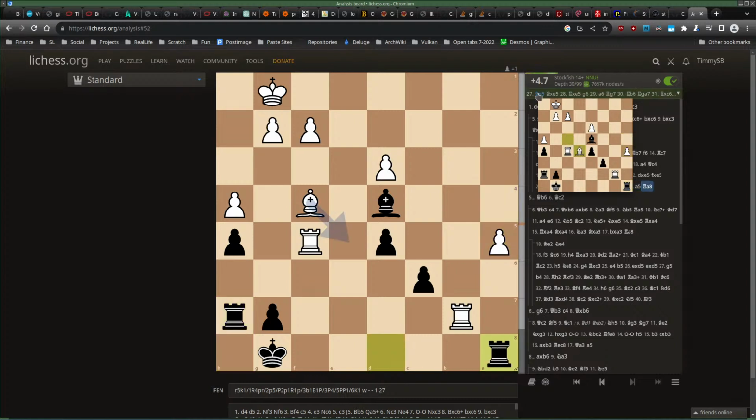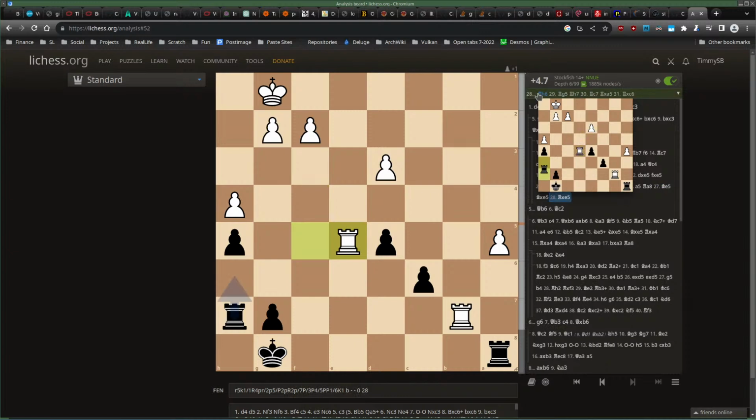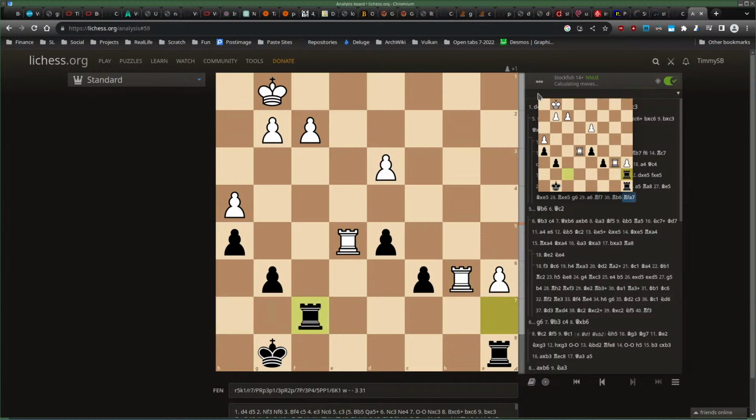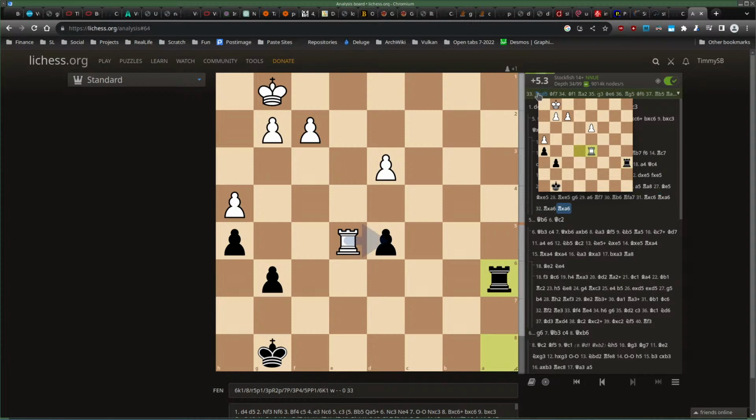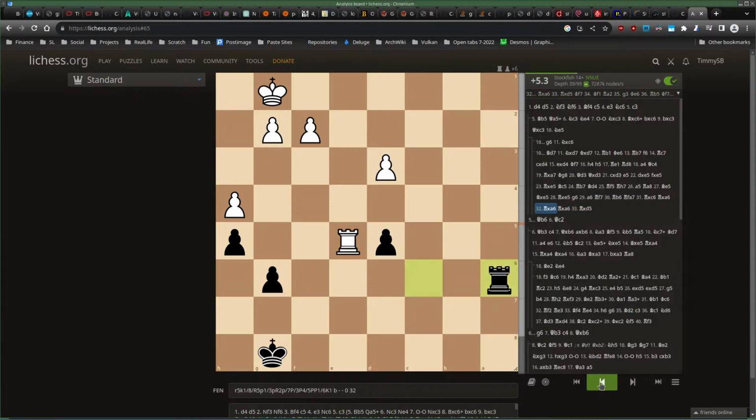Oh, the free pawn. There is a free pawn there. Going once, going twice. White is 2 pawns up. Totally above my level, man.